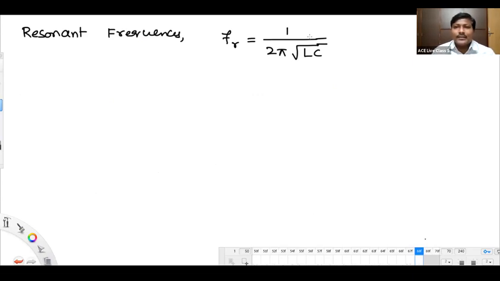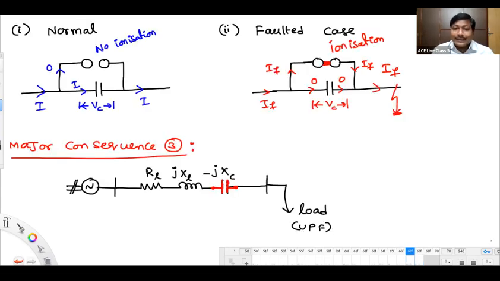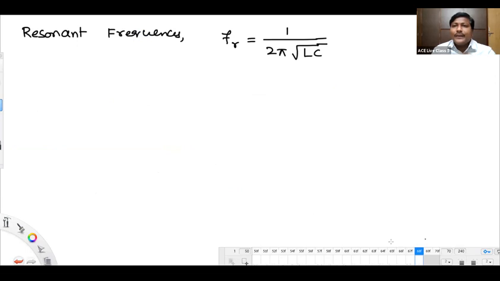Next thing. L is the line inductance we have chosen, and C is the series capacitance we have added. I will modify this one. Let us say I multiply the frequency f in the numerator and denominator, so you get 2 pi f, which is omega, in the denominator with root LC.